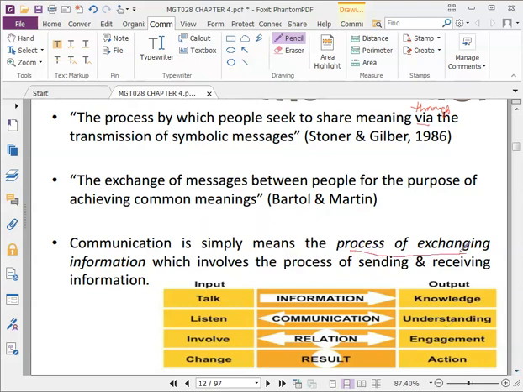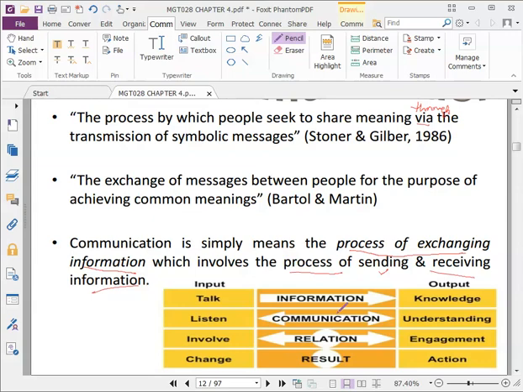So senang ingat, communication is the process of exchanging information which involves proses apa yang terhasil kalau communication ni? Sending and receiving information. Itu baru berkomunikasi. Kena ada pertukaran maklumat, bukan sahaja sebelah pihak tetapi dua-dua belah pihak.